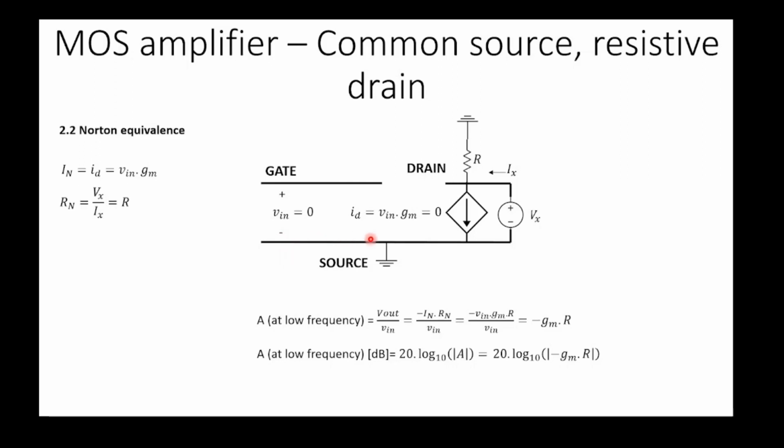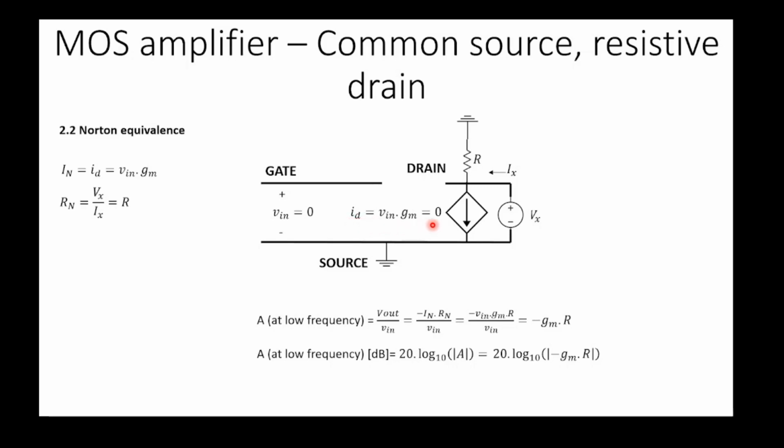One note is that for the control source, the source which is dependent on another value or parameter, we cannot just set it to zero. We need to properly investigate it. However, we can set our Vin to zero because Vin is a totally independent source. If Vin equals 0, because of the relation ID equals Vin times Gm, our ID in this case is also 0.